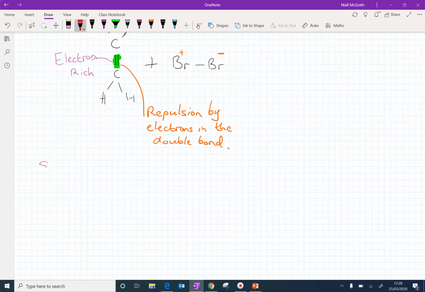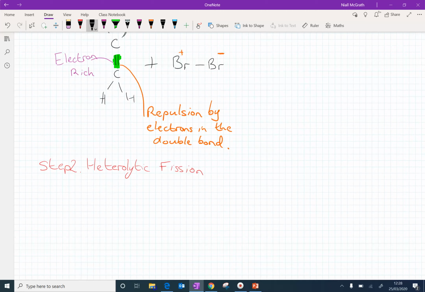Step 2 then is heterolytic fission. If you have watched the video on substitution reactions, we would have come across this. Substitution, when you're using a free radical mechanism, uses homolytic fission, but we did look at heterolytic fission as well.